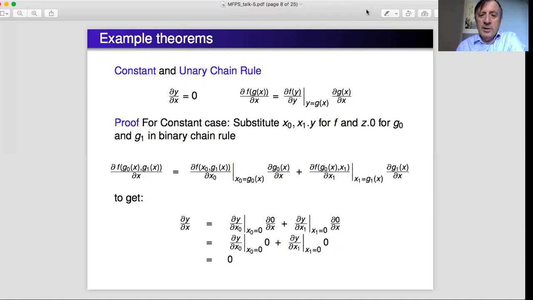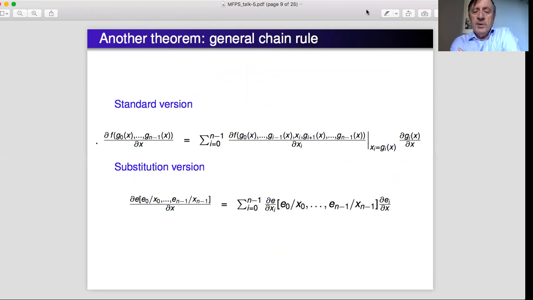And a similar argument, but making only one of the functions go to 0 and the other one being the unary thing that you want, gives you the unary case. The general case, which is here, is obtained. We've got the cases 0, 1, and 2, and then we proceed by a slightly non-trivial inductive argument.